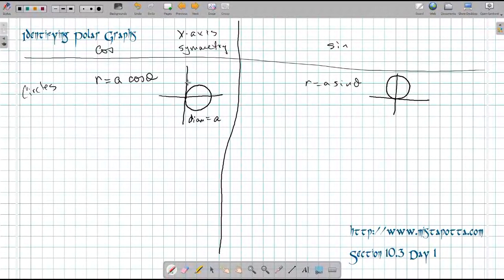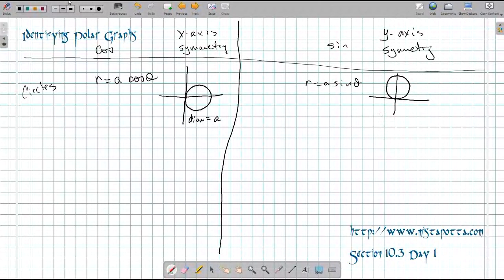In other words, my x-axis will act as a line of symmetry. And for my sine functions, I'm going to notice that I have y-axis symmetry. In other words, my y-axis is acting as my line of symmetry.